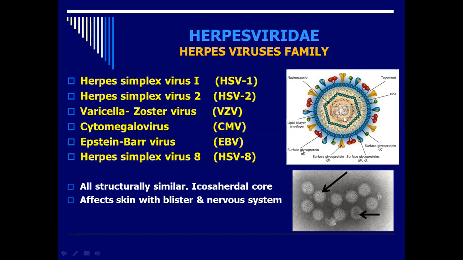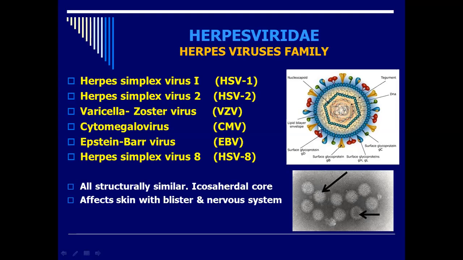We have the double-stranded DNA, and this is what we call the nucleocapsid, which is made up of capsomers, protein in nature, and along with that we have the lipid bilayer. The virus is an enveloped virus, so we have a lipid bilayer. In between the nucleocapsid and the lipid bilayer, we have a material that we call the tegument. This is a specialized structure found in this virus.